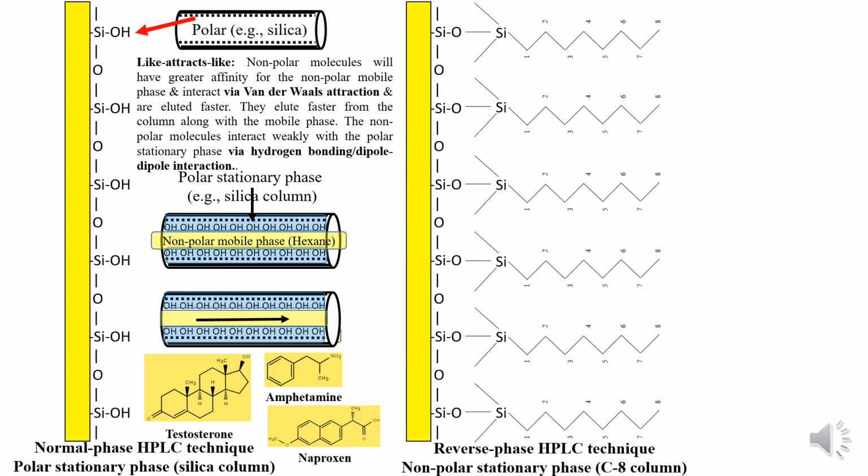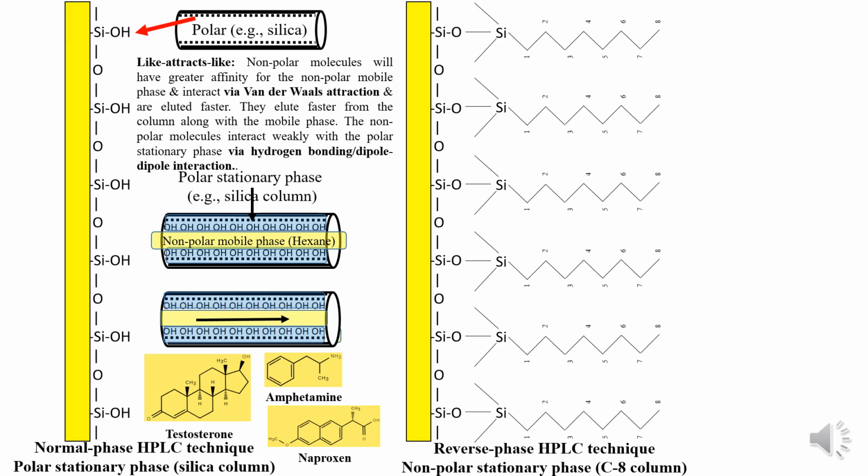Now in case of reverse phase HPLC technique, the stationary phase is non-polar in nature. Now here in this diagram, what you see is that of a C8 column, the structure that is mentioned here. In reverse phase HPLC technique, we employ a non-polar stationary phase.